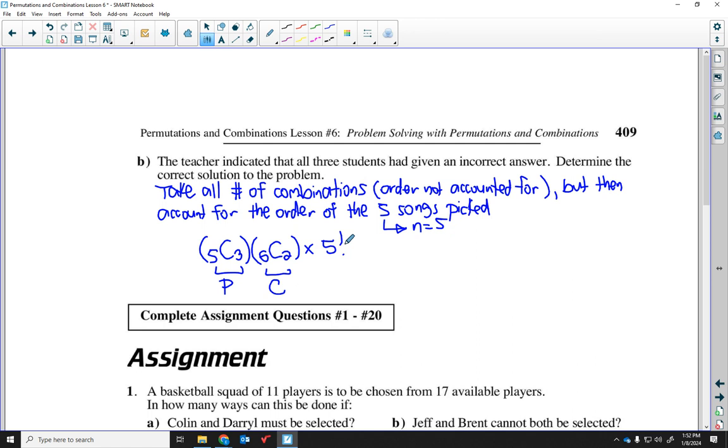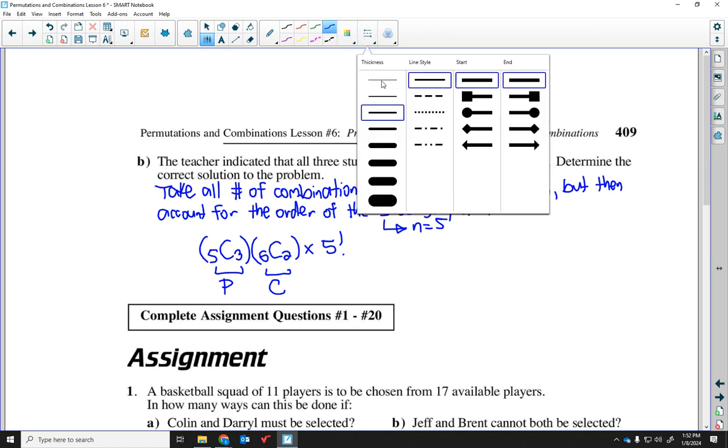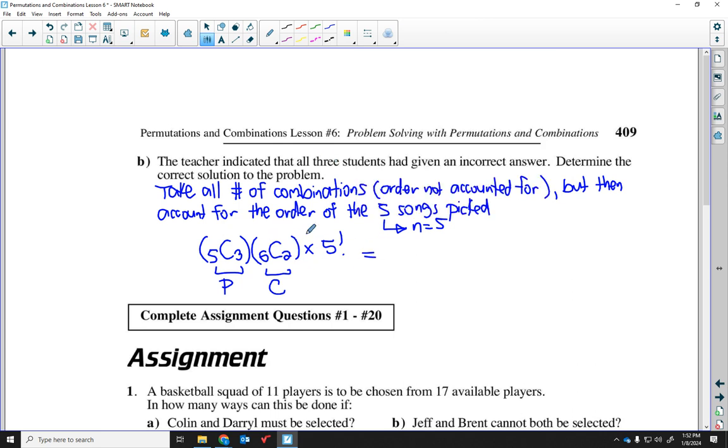So it's a more complicated problem because you have to utilize both a combination expression, and then to turn it into accounting for the arrangement, you multiply by the number of different ways you can arrange the elements you've chosen. Anyway, if we calculate that, we would have 18,000 different arrangements.